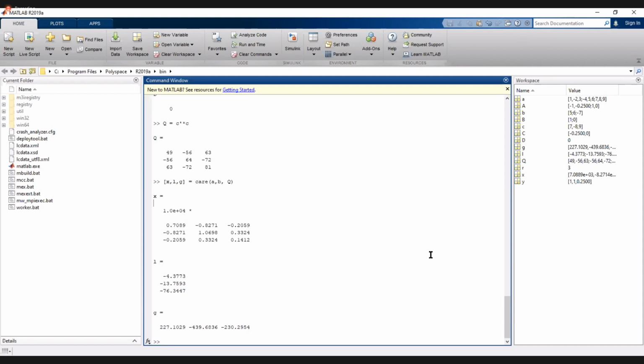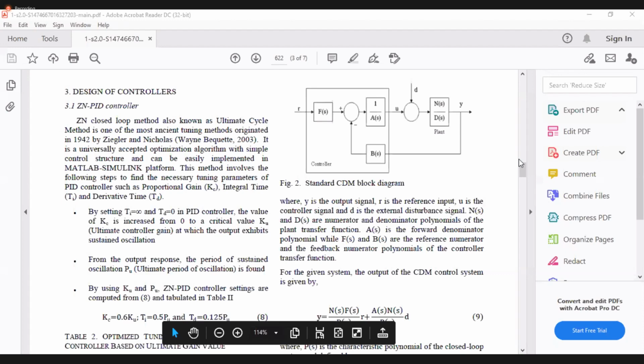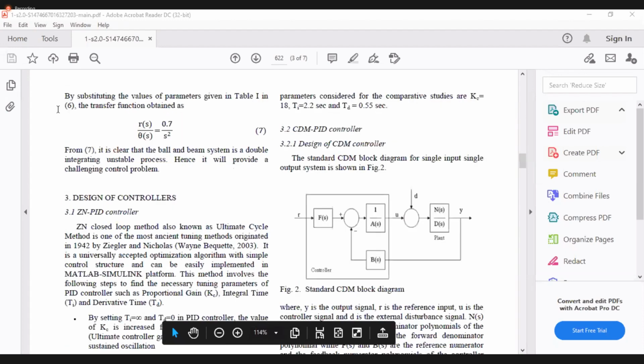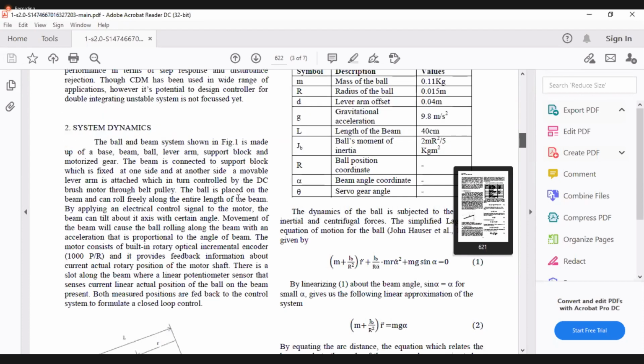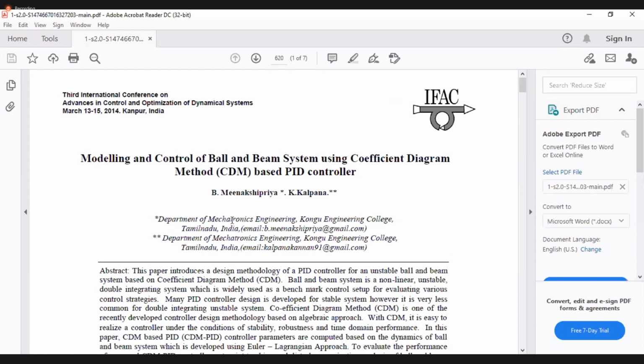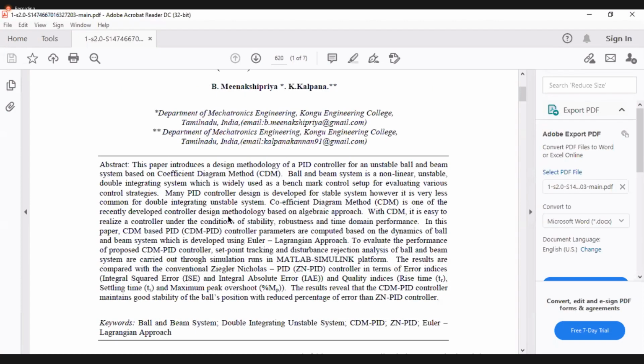So let me just, all right. So this was the paper produced by some Indian persons.